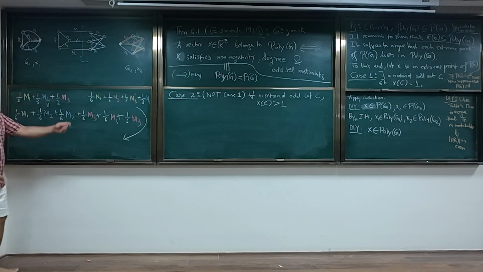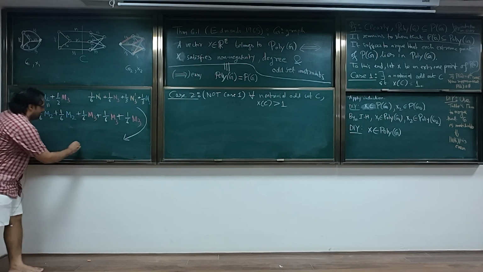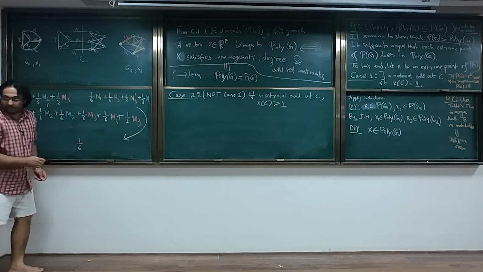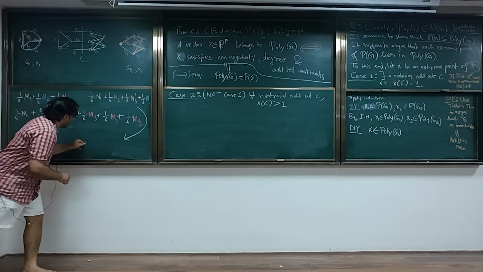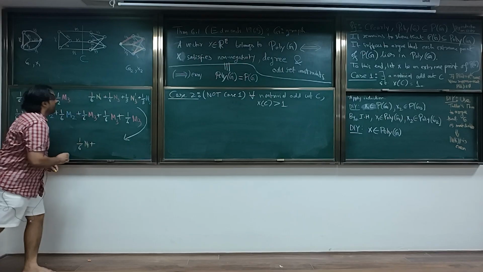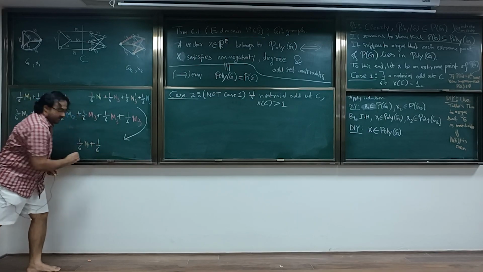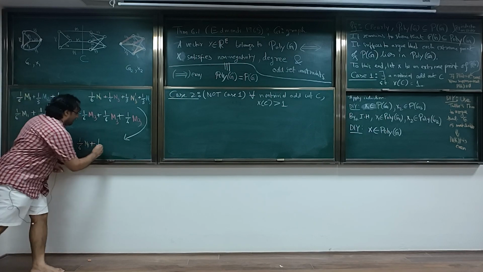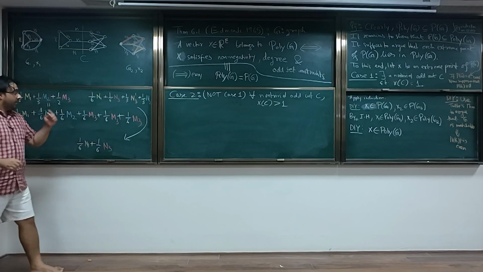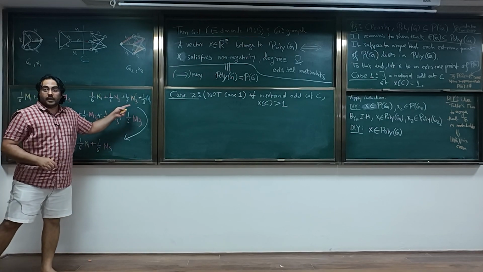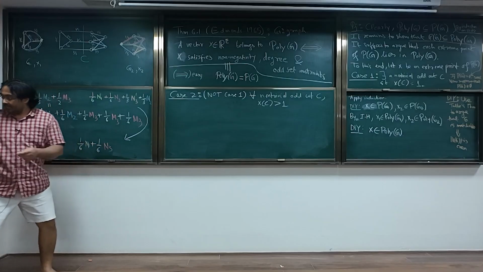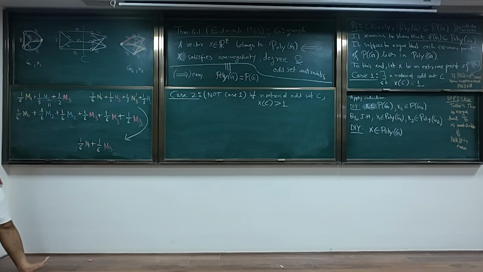I can write everything with 1/6. Well, let's do it. 1/6 times N1 is clear, plus 1/6 times N3. This one is 1/3, that is 1/6 plus 1/6, and that is orange.